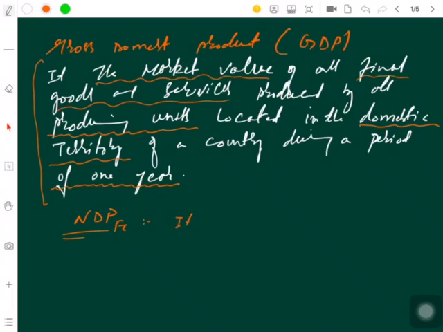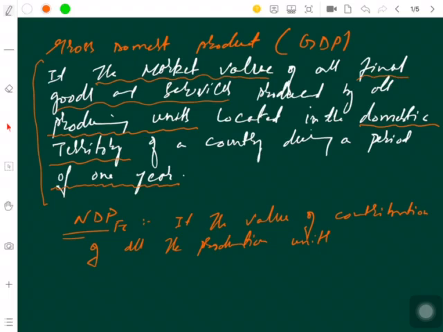It is the value of contribution of all the production units located within the economic territory of a country.